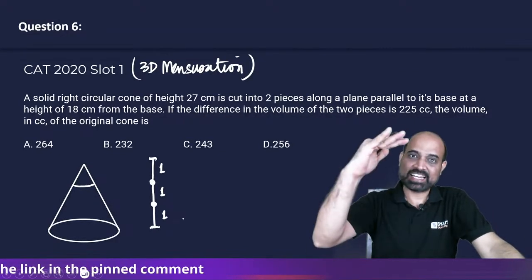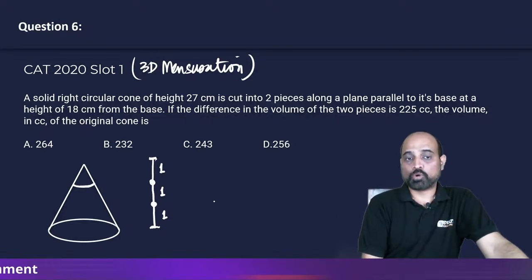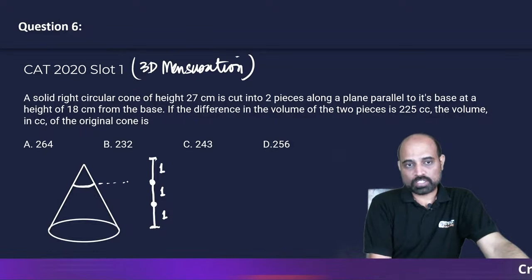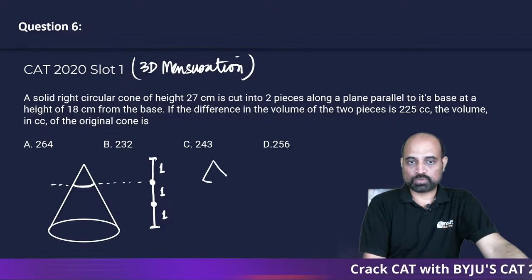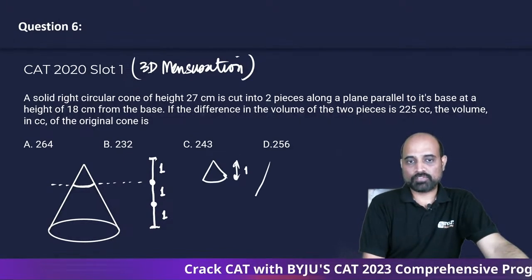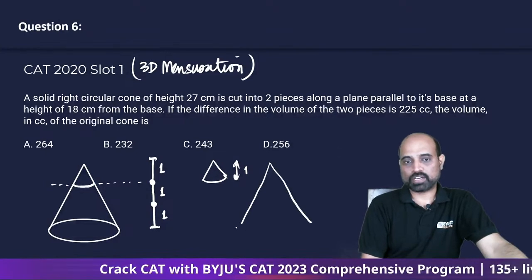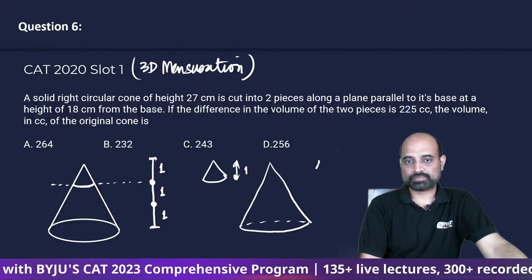So the cut was made at a height of 18 from the base. Now, the moment this cut is done, we will have two cones: this small cone with a height of 1 and this other cone with a height of 3.